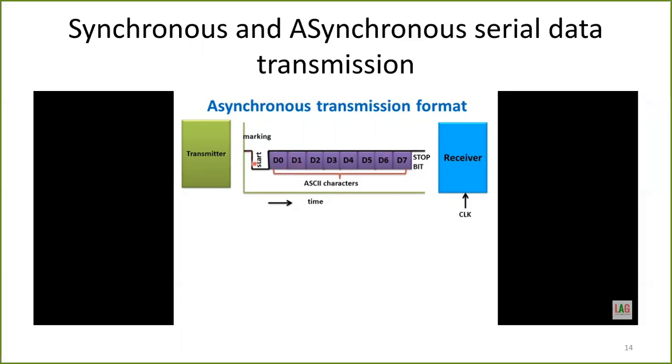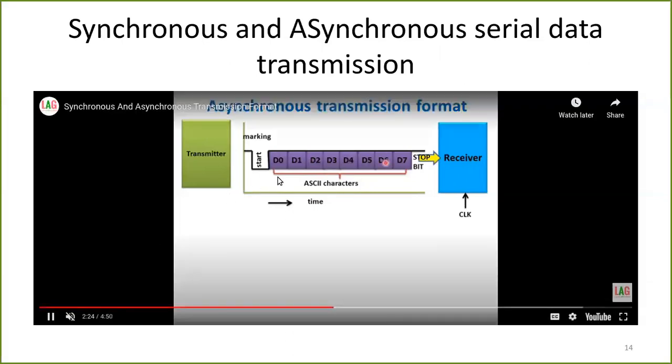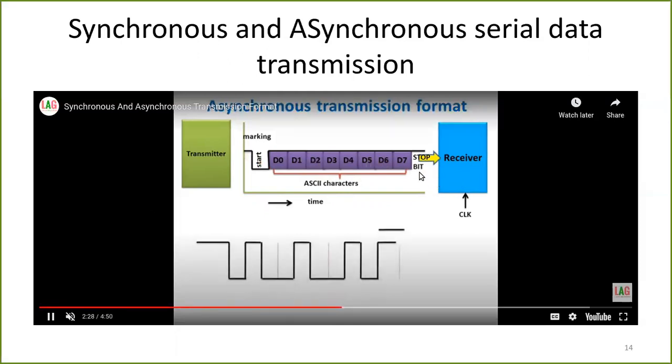Whenever the data arrives, initially it is in mark position, that is logic high. Once it becomes low, it indicates the start bit has arrived and the next corresponding data bits will be arriving. After receiving all the 8 data bits, it will receive 2 stop bits.